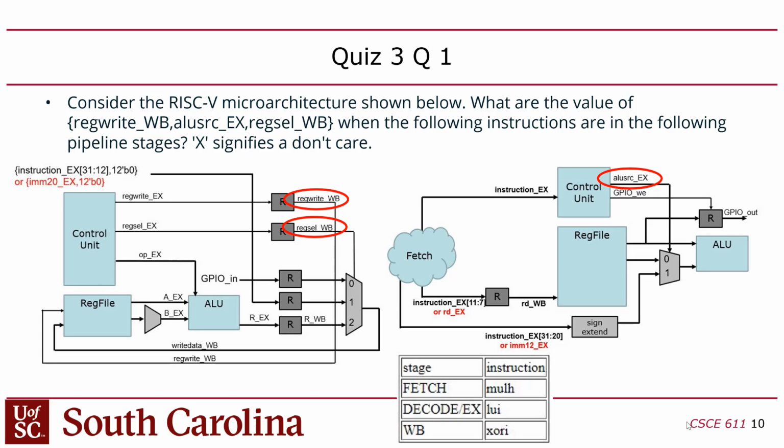So if this mux doesn't read the output of the ALU, then the ALU is essentially not being used to generate meaningful data. It's just being ignored. So you can have a don't care for the ALU source.